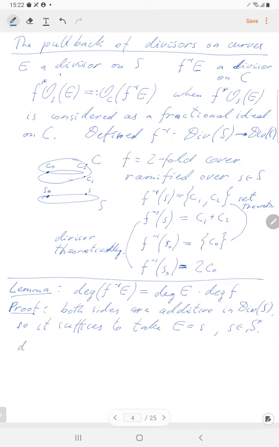We have the degree of the pullback of this simplest possible divisor. We compute it just by definition.